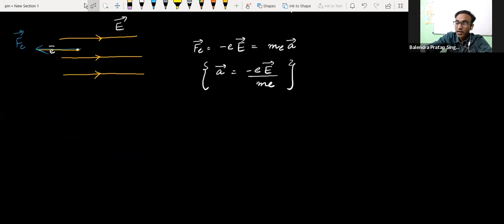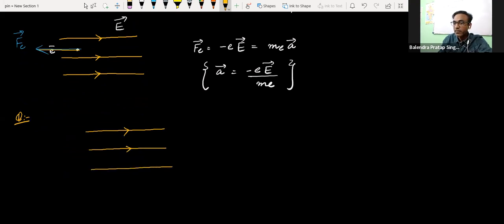Okay, so I'm giving you a numerical based on this concept again. A few numericals, not very tough, easy ones. Suppose I consider an electric field, a uniform electric field. This electric field has magnitude E equal to 25 newton per coulomb, and the direction of the electric field is along i cap.